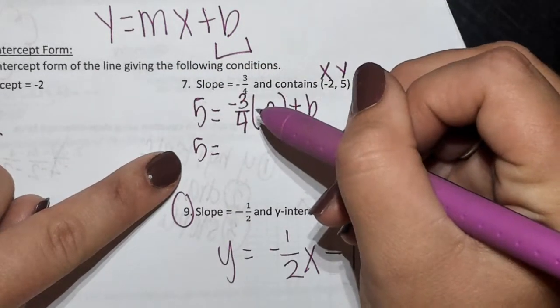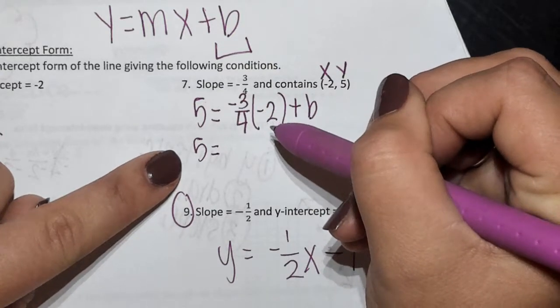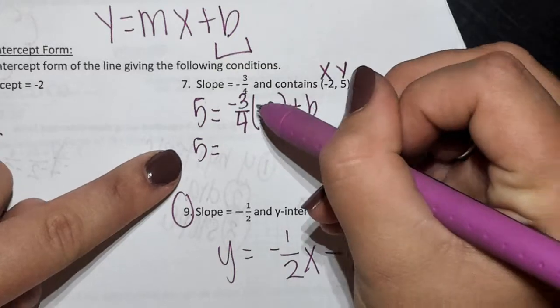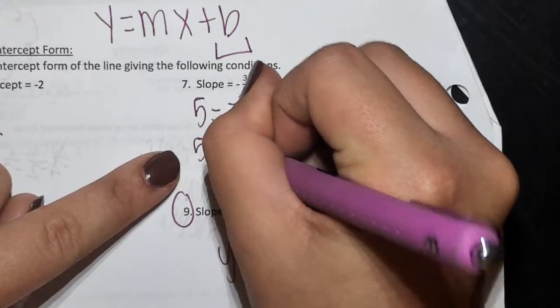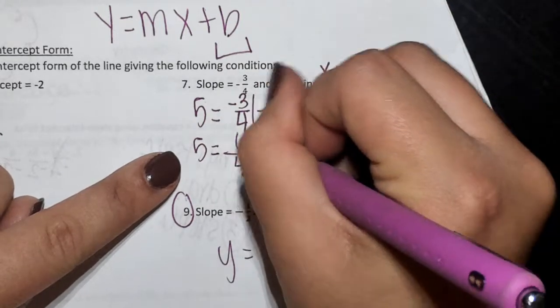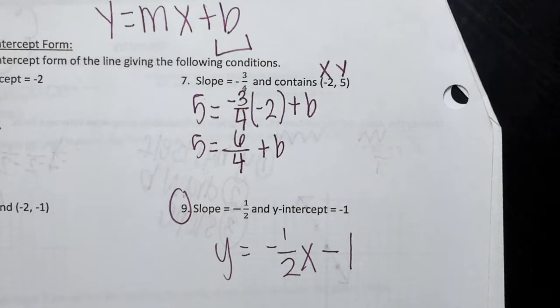Well, when you're multiplying fractions, you just multiply this negative 2 to the top only. So negative 3 times negative 2 is positive 6. And then 4 stays the same. Plus b. So now you can take your calculator and plug in 5 minus 6/4.